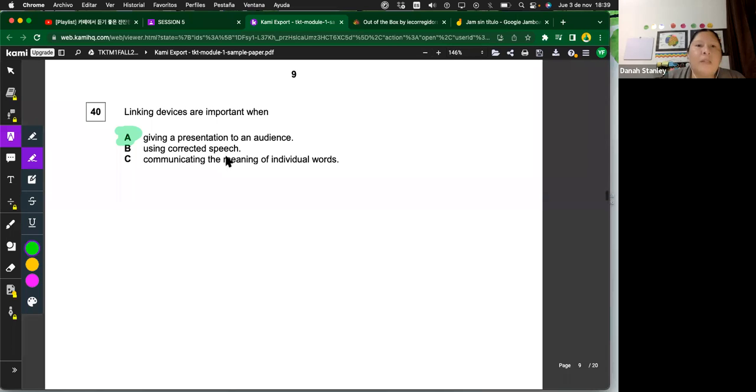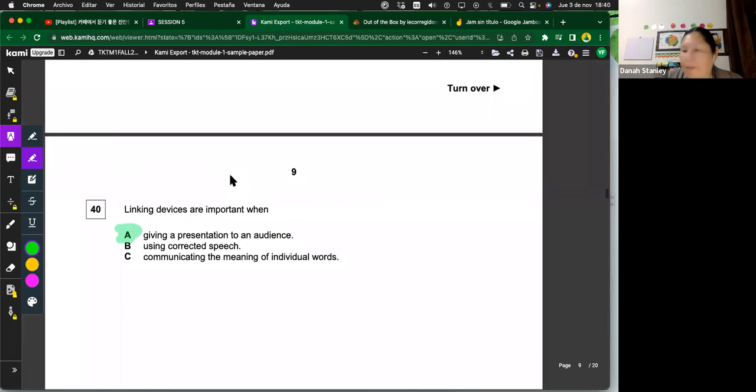When you are speaking, you are not correcting. In that moment, you are just producing the language. And communicating the meaning of individual words, well, you are not explaining vocabulary. In this case, the linking devices take place because you are dealing with very large chunks of language.